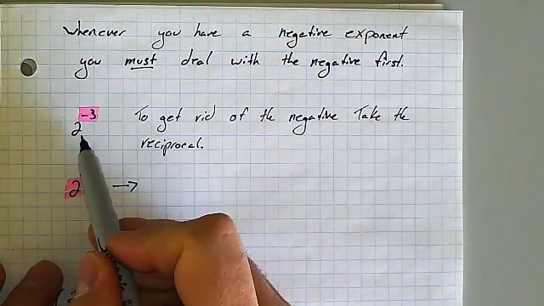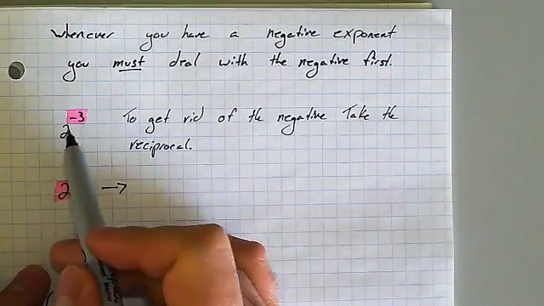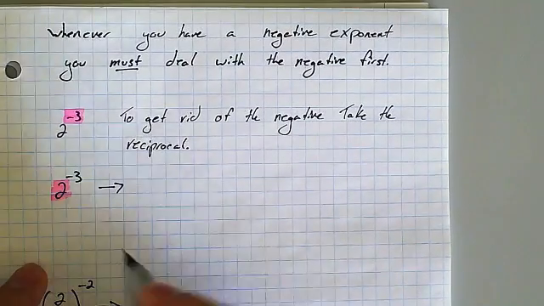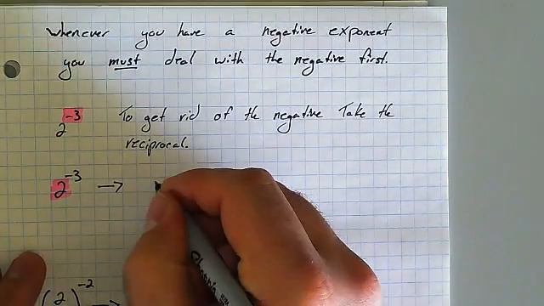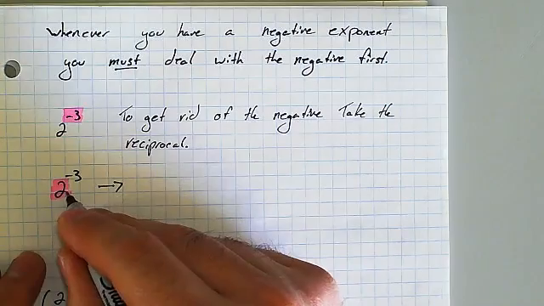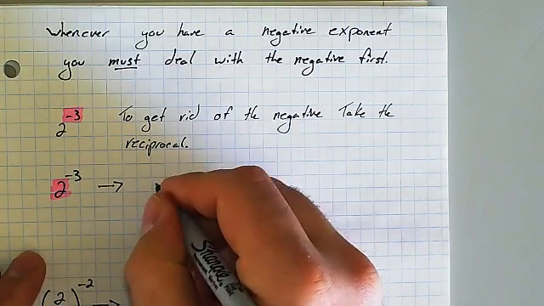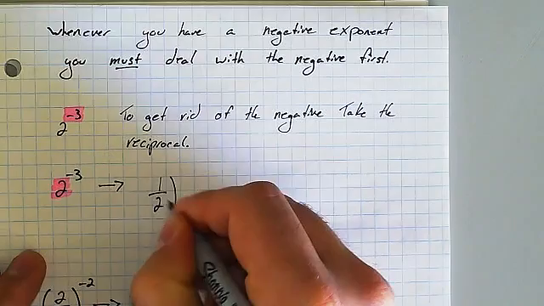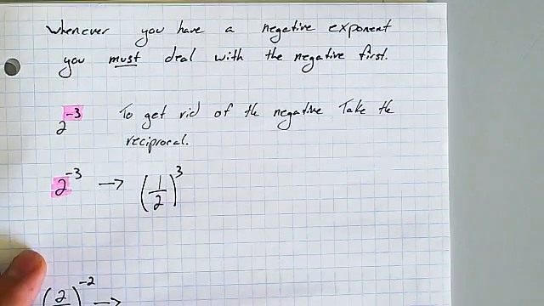So, if we have 2 to the power of negative 3, before we take the cube or do anything like that, we're going to get rid of your negative 3 there. To do that, we first take 2, and we basically take the reciprocal of that. So 2 turns into 1 over 2, and now the whole thing is to the power of 3.